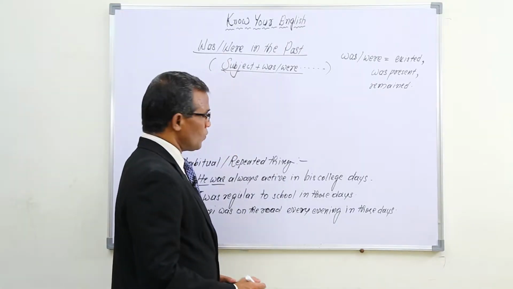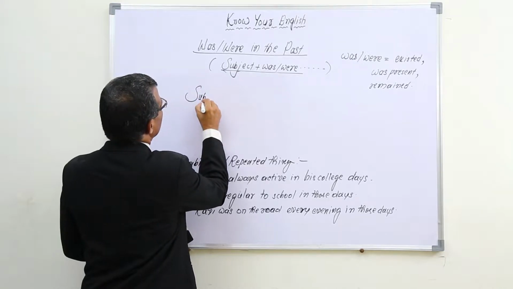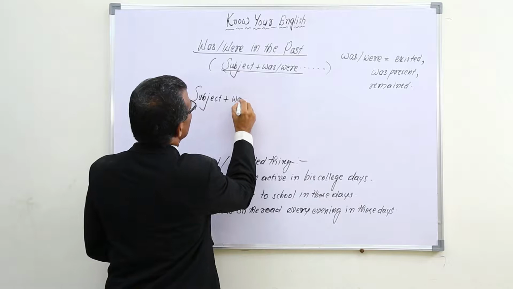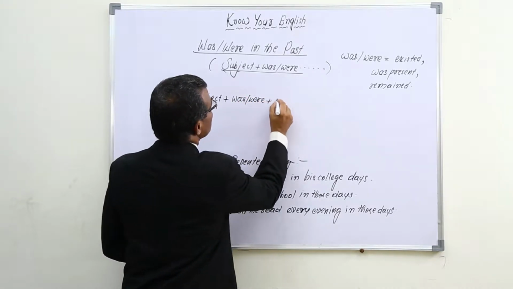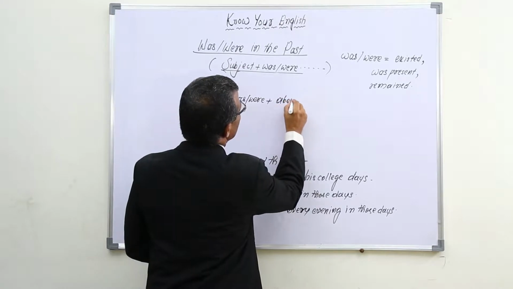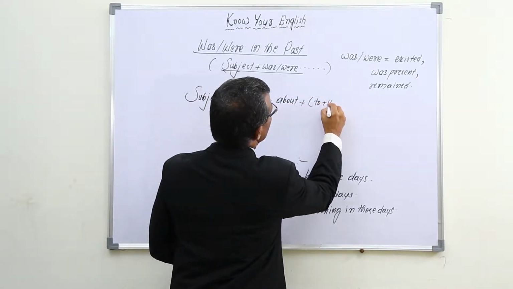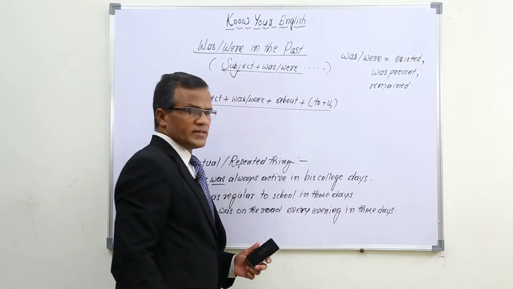We use was a word in such structures also, like subject plus was a word plus about to plus v1. So in this structure also we use was a word.